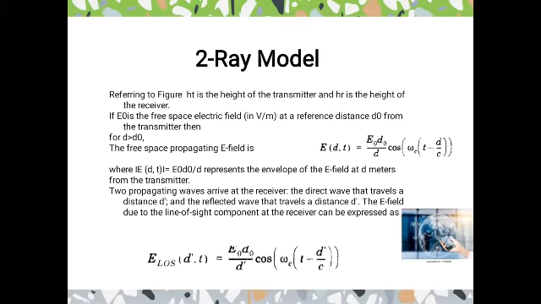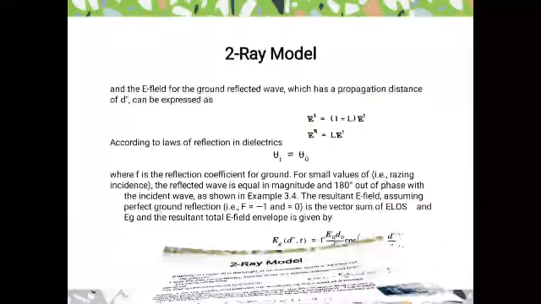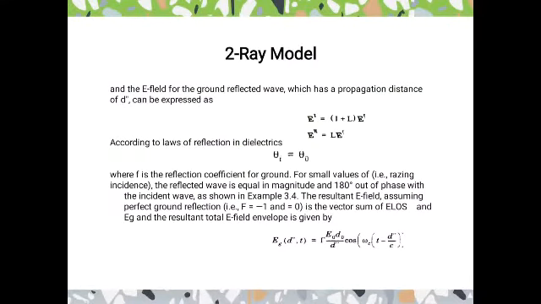Similarly, the electric field for the ground reflected wave, which has propagation distance D'', can be expressed in terms of the reflection coefficient, and according to the laws of reflection, theta i will be equal to theta 0.